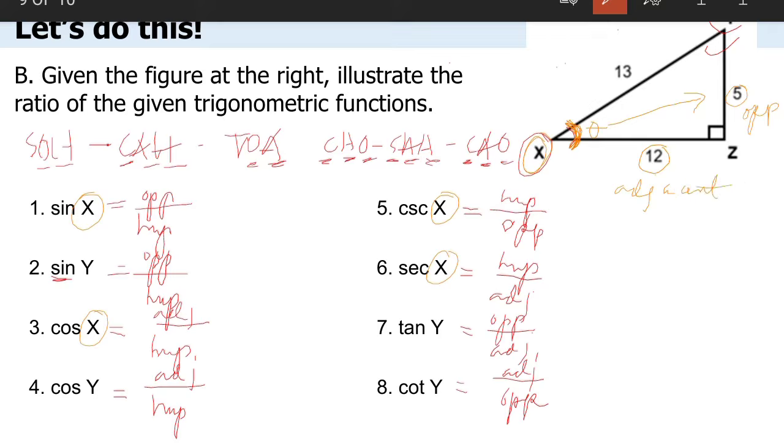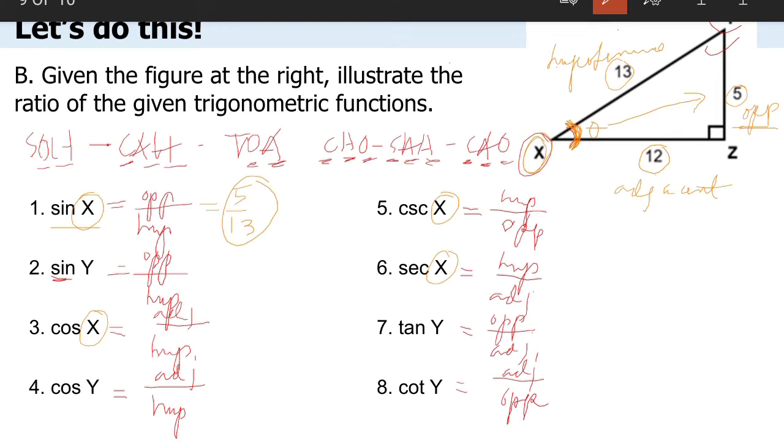And again, the hypotenuse is the longest side, so this is 13. So the opposite when the reference angle is x is 5 over the hypotenuse 13. So the trigonometric ratio of sine x is 5 over 13.